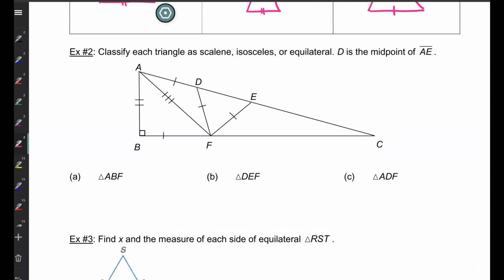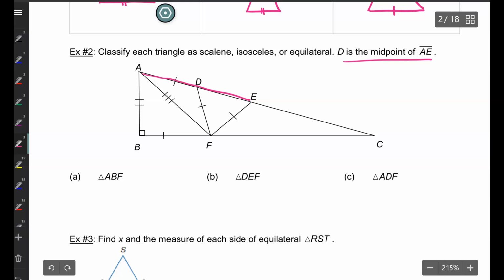Okay, so let's use those classifications to identify each triangle as scalene, isosceles, or equilateral. We know that D is the midpoint of AE. I'm just reading here. D is the midpoint of AE. So here's AE.